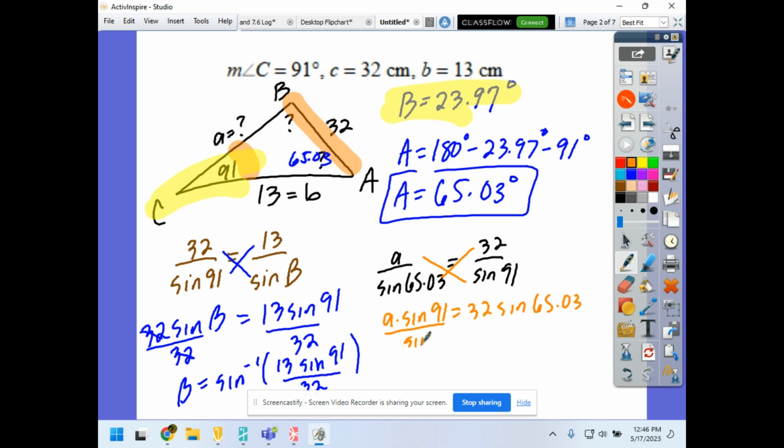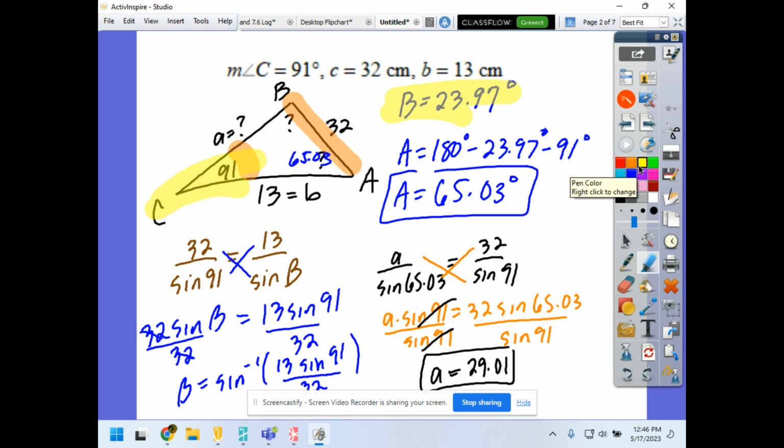Divide them all by sine 91. This will cross out, so therefore 32 times sine 65.03 divided by sine 91, I got a is equal to 29.01. And there you have it. I solved for the triangle here using the law of sines.